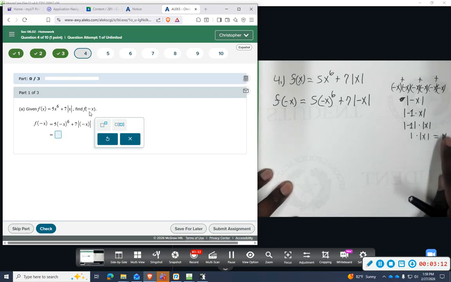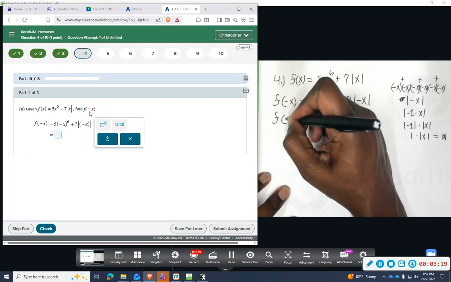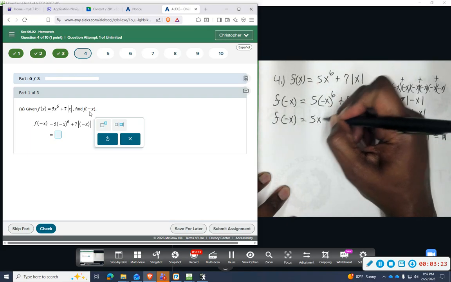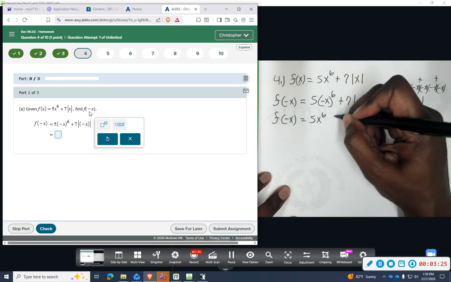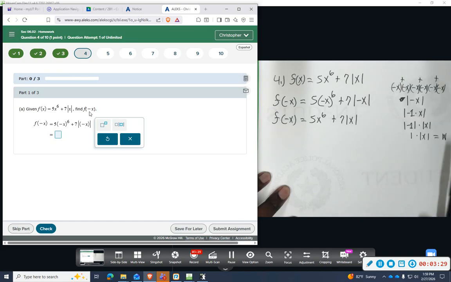So that absolute value is going to come out positive as well. So when we simplify this, f of negative x is still equal to 5x to the 6th plus 7 times the absolute value of x.